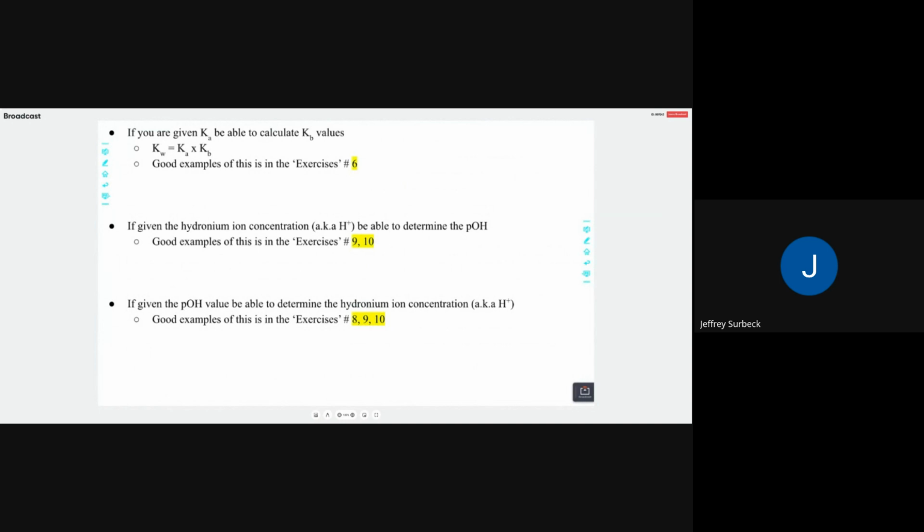Next one here, if you are given the pOH value, determine the hydronium ion concentration. So you're going to have to convert pOH back to pH and then use that formula, pH equals negative log of H plus, to figure out what the H plus is. So in these 2 problems, the fill in the blank, you plug it into the pH formula, flip-flop some values around to get to that desired value, and then get to your answer.